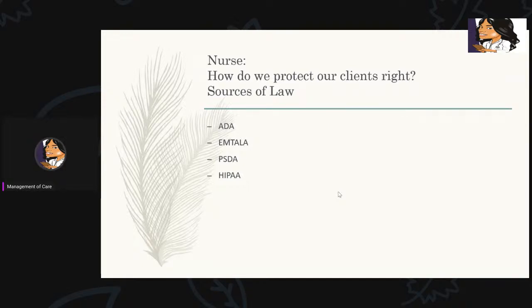We have to let the patient leave AMA, even if we don't want the patient to leave. We know the medical risk, we know the patient may pass away. We still have to let the patient leave, because the patient can charge you for false imprisonment. So those are some things, criminal law.